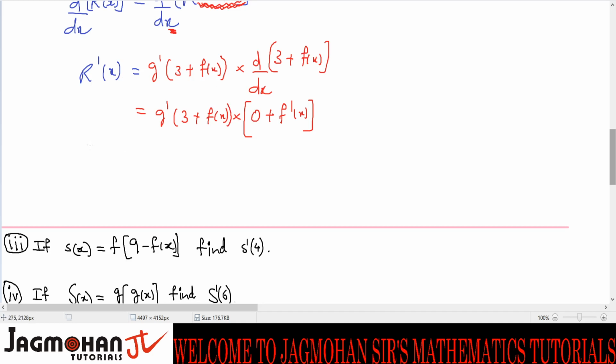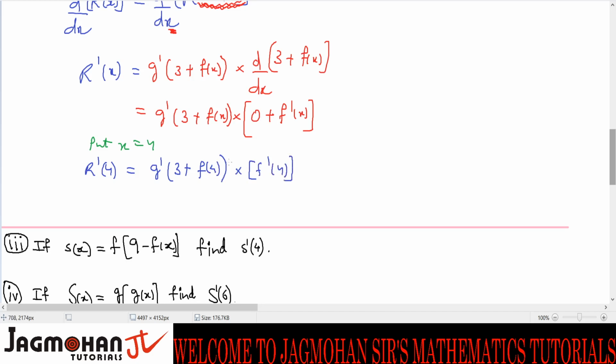So I write here put x equals to 4. When I do this, I get r dash 4. What it will be? r dash 4 will be g dash 3 plus f of 4 multiplied to 0 plus f dash x is f dash x and x is 4, f dash 4.